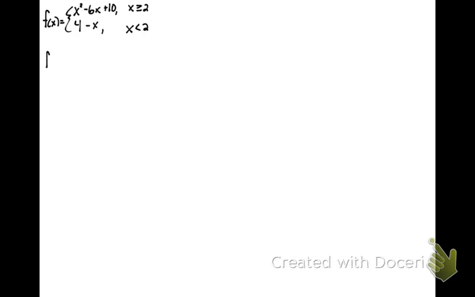The derivative of this really just involves taking the derivative of both pieces. So the first piece would be 2x minus 6, and the second piece would be negative 1. Well, at x greater than or equal to 2, the value of the derivative is negative 2, and so that's for this part.